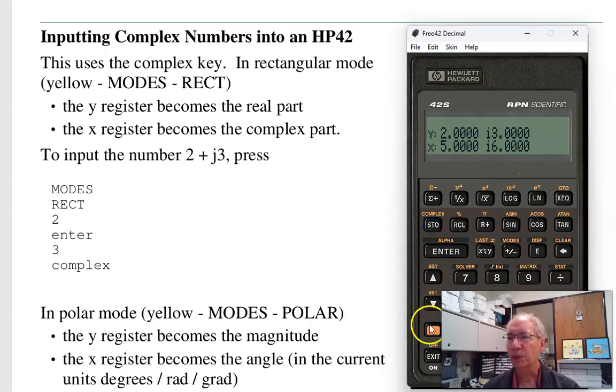That's in rectangular form. If I do modes, polar, and also modes, I'm in degrees right now. I can say what is 7 at 14 degrees, 8 at 27 degrees. I input the numbers in polar form. And I can switch back and forth, go back to rectangular. 8 at 27 degrees is 7.12 plus j3.63. Switch between the two at will.